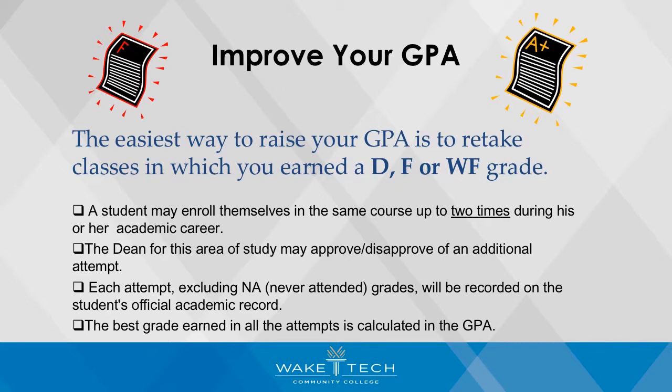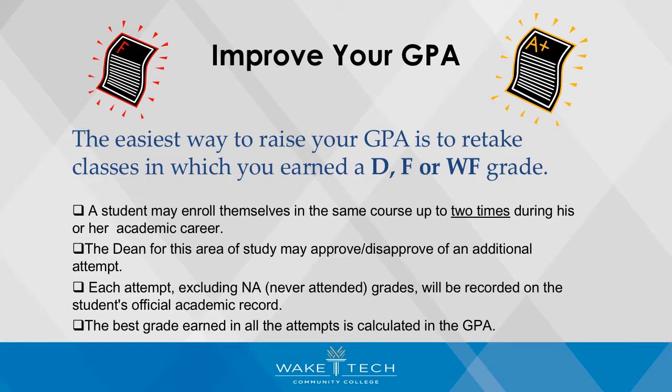And again, that's just because we want to ensure that you're going to be successful in the course. So we want to just have a conversation about what was going wrong, what can we do to improve this time, what resources can we use. Each attempt, excluding an NA, which means never attended, will be recorded on your official transcript.